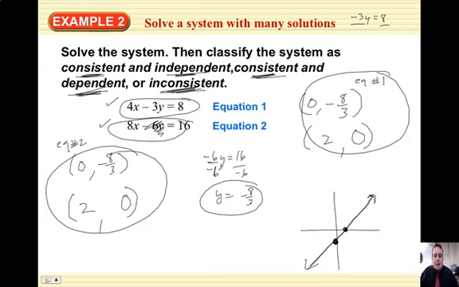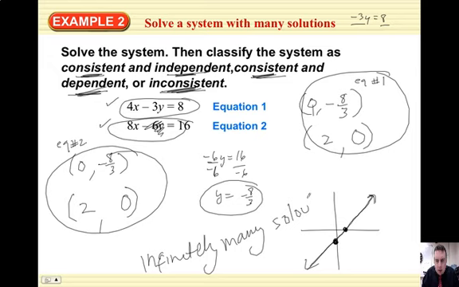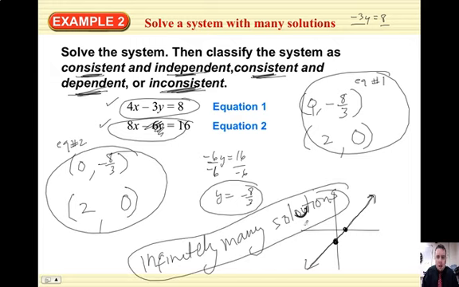So basically, when they're the same line, you have to say infinitely many solutions. Sorry, I can't spell. Have to say infinitely many solutions as your final answer. It says solve. That's the answer to solving. Not this. This is just the means to get you to solve.